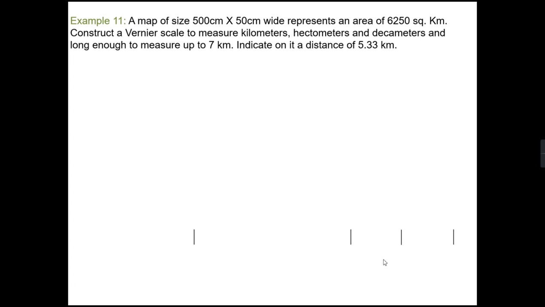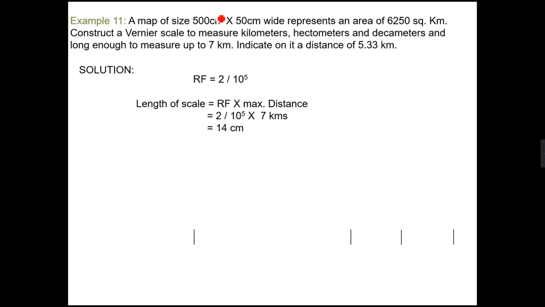First of all we have to find the RF of the scale. In this question, the map of an area is given, so we have to convert it into the linear scale. So RF is coming out to be 2 divided by 10 to the power 5.